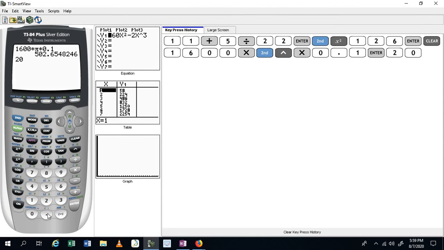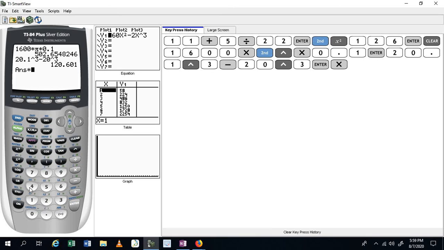Okay, 20.1 cubed minus 20 cubed. And that gives you this number. And then let's multiply that by 4 pi divided by 3. And you can see that this is the exact change in the volume.